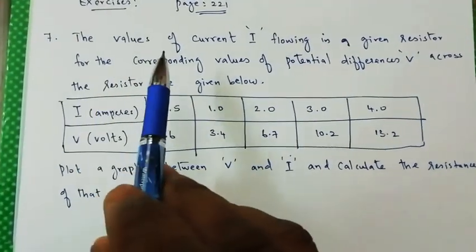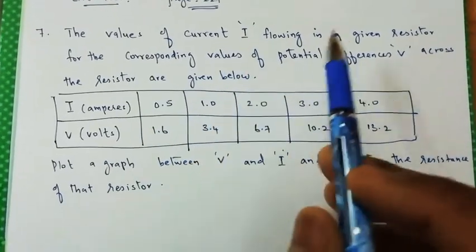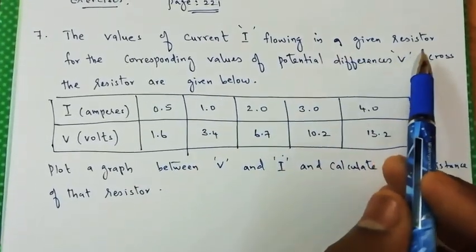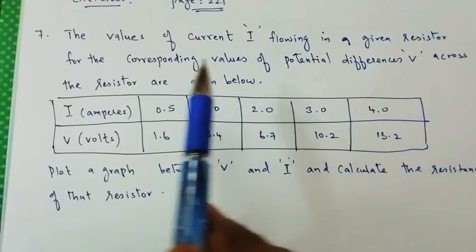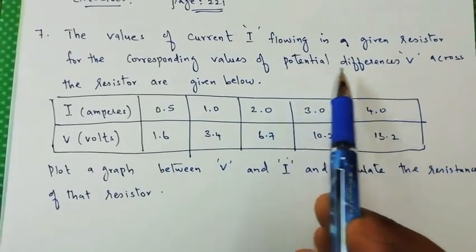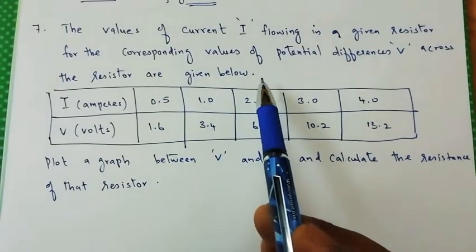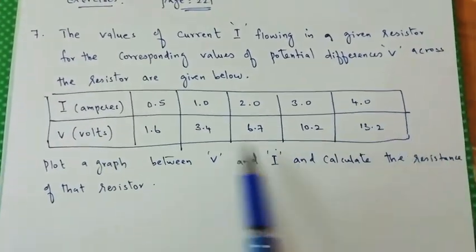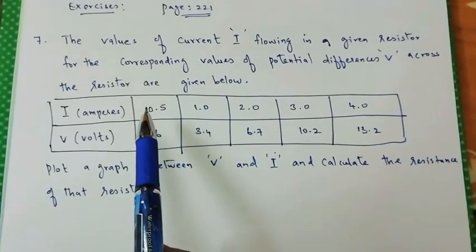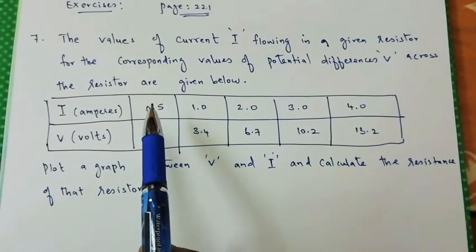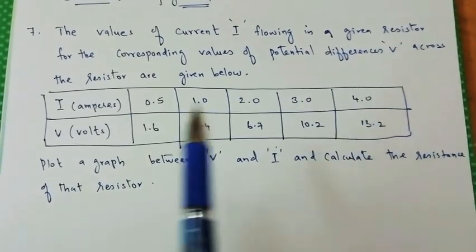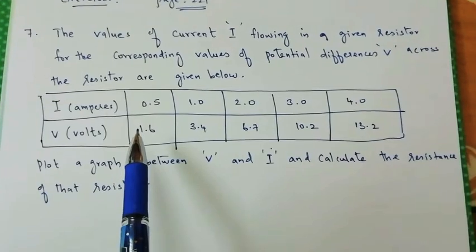The values of current I flowing in a given resistor for the corresponding values of potential difference V across the resistors are given below. So there is a current which is flowing in a resistor, and they have given the potential difference also.